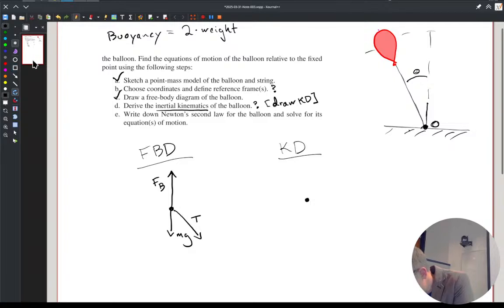But really, I could just ignore that free body diagram and say, look, I chose a polar coordinate system, and I know how to define acceleration in a polar coordinate system. The fact that there's buoyancy, the fact that there's tension, none of that really matters when I'm just trying to say this is acceleration.